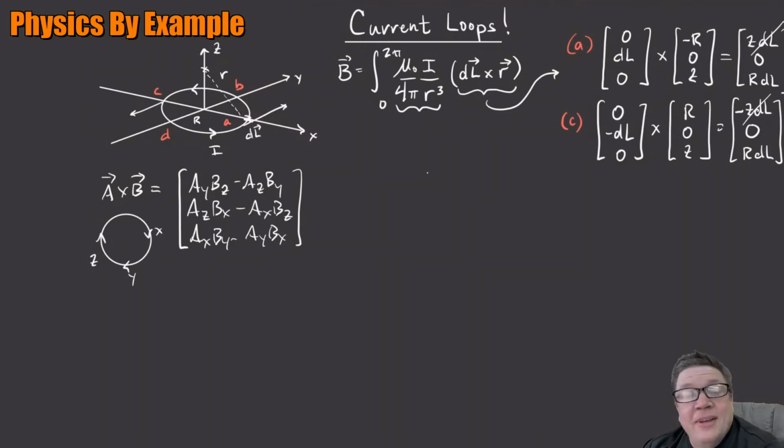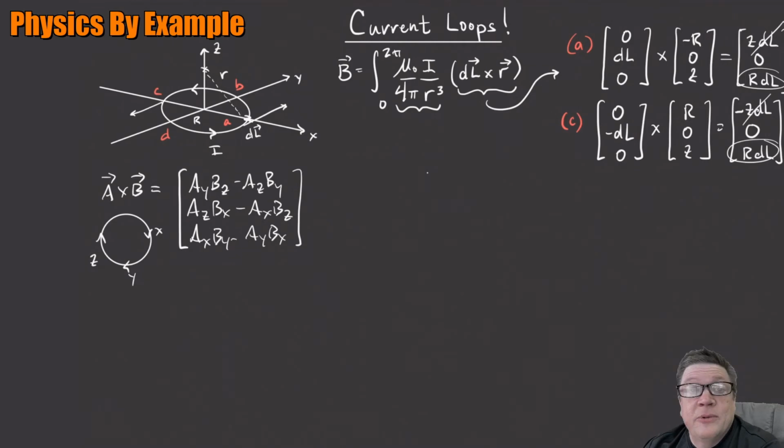I will invite the interested viewer to do the same thing with B and D. You're going to get y components, and those y components are going to vanish, but the z components are going to be the same. So as you go around that circle, everyone is going to cancel with the symmetric neighbor across the circle, except for the z component. Z components always add. So we're always going to get this little factor at the end. In fact, that's what we get when we add all of these vectors together.